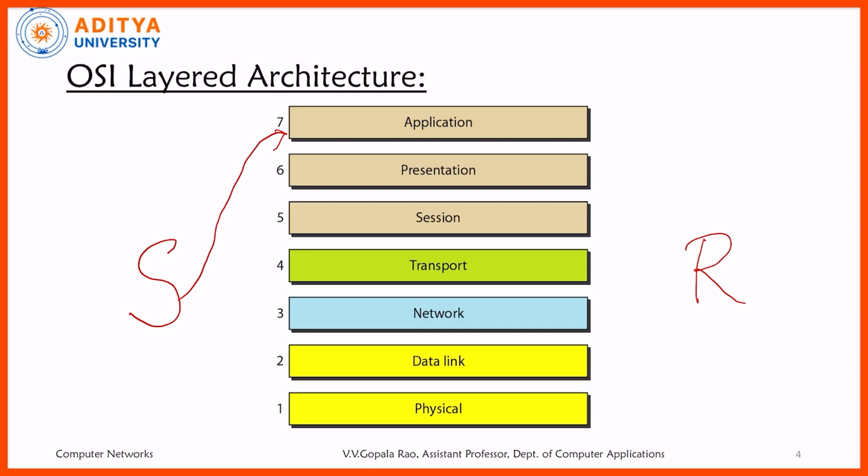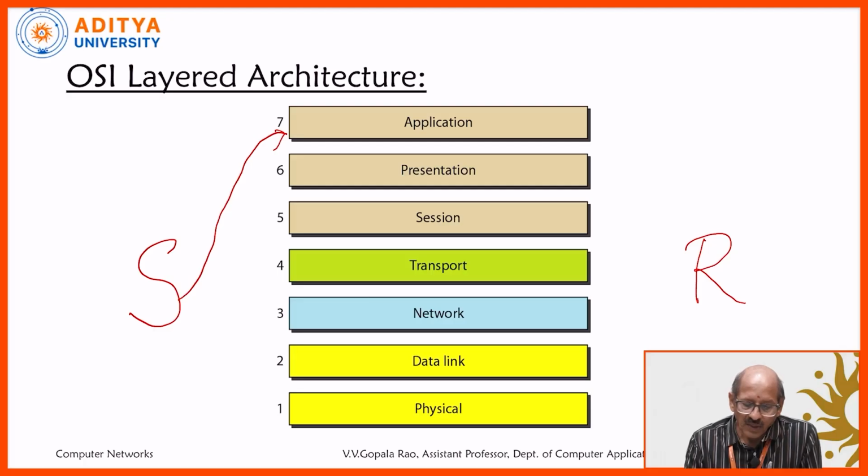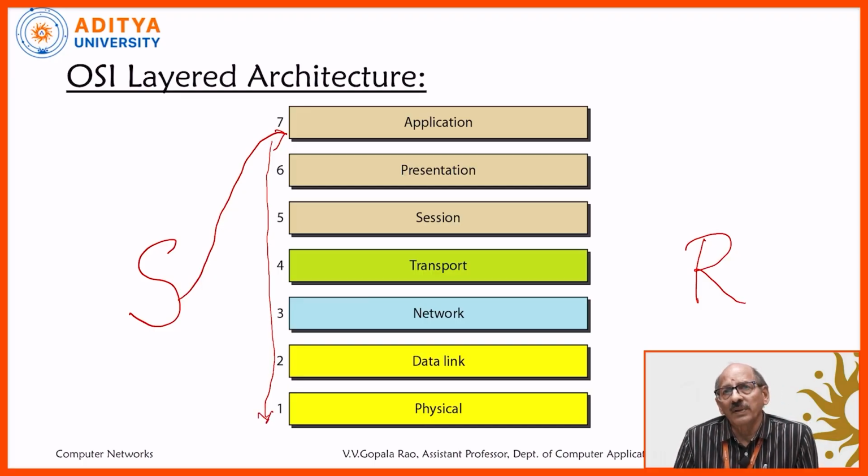Whenever any application is requested by the sender, it is taken up by the application layer. From the 7th layer it goes to the 6th, the presentation layer, then 5, 4, 3, 2, 1. So at the sending side, the navigation is from 7th to 1st, that means from the application layer to the physical layer.